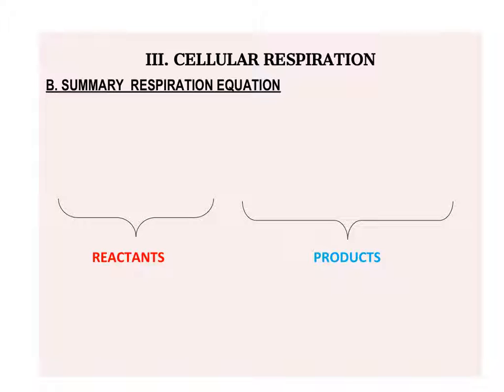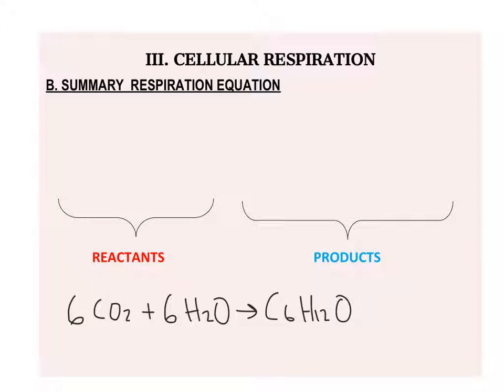But here we go. Here's photosynthesis. It was 6 CO2s plus 6 H2Os, 6 waters, gives you glucose, C6H12O6, plus 6 oxygens, or 6 O2s. So that should look familiar. We've been seeing that for over 2 weeks now.